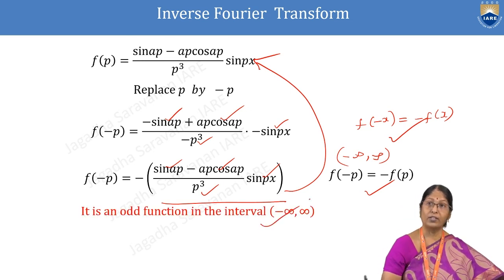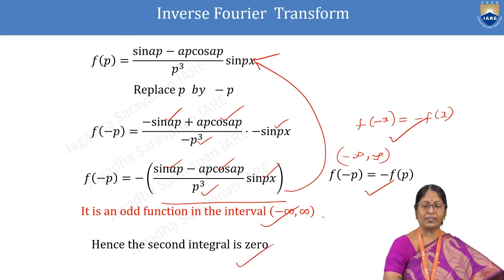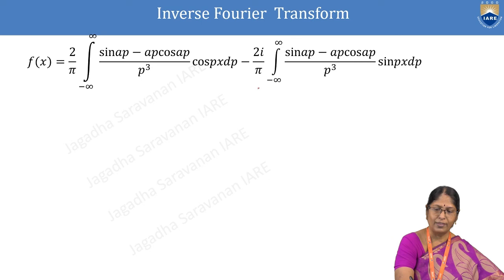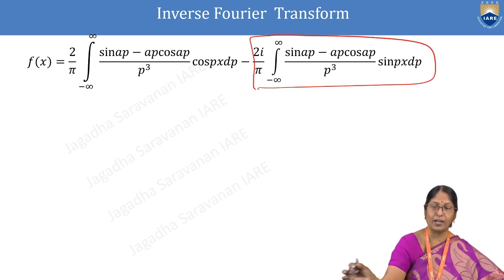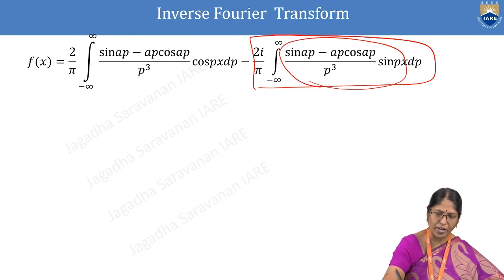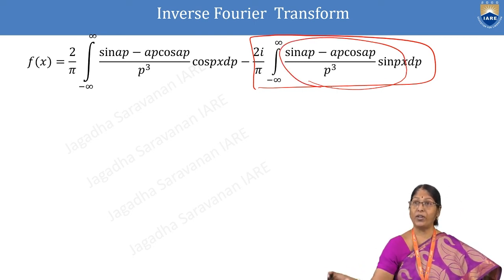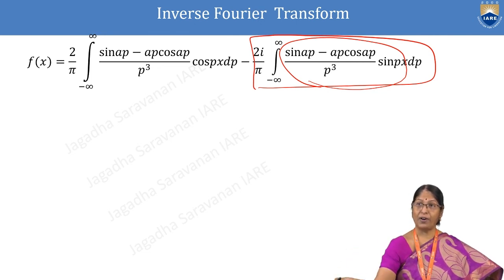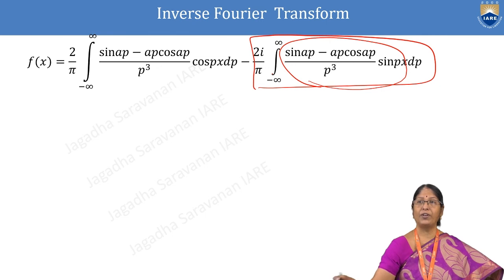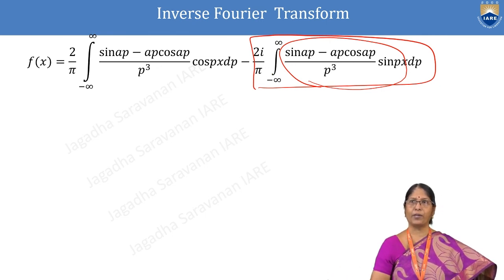The second integral has become 0 because we checked it by putting p as minus p, we satisfied the odd function rule plus the interval minus infinity to infinity.